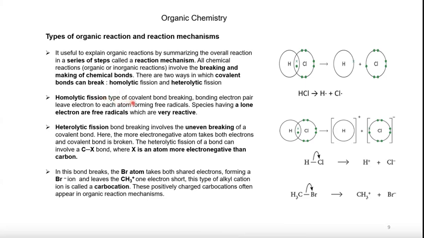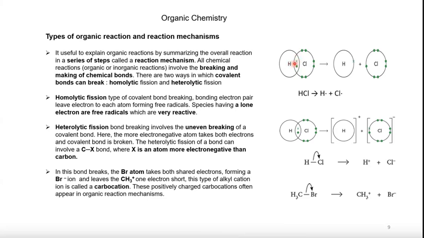Homolytic fission is a type of covalent bond breaking. We have a covalent bond with a bonding electron pair. In hydrochloric acid, hydrogen shares 1 electron and chlorine shares 1 electron, forming the covalent bond.